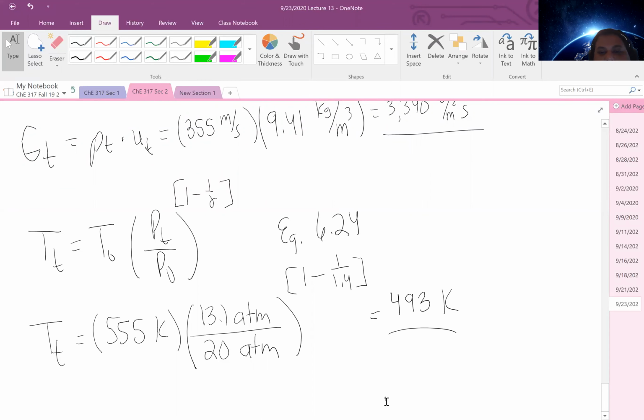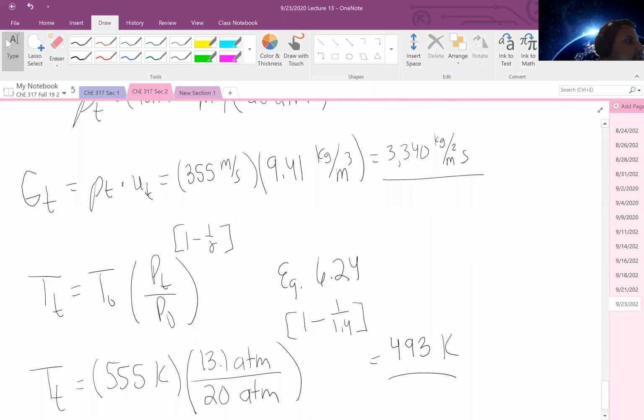All right, so basically using the expressions on page 142, we're able to identify the fluid conditions at the throat based off of the given variables.